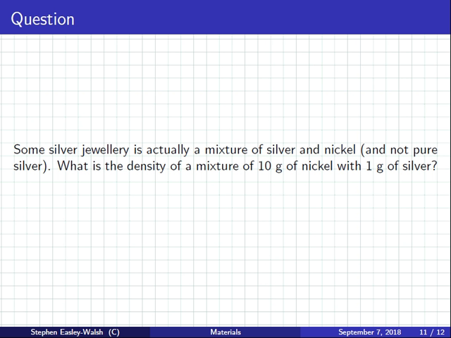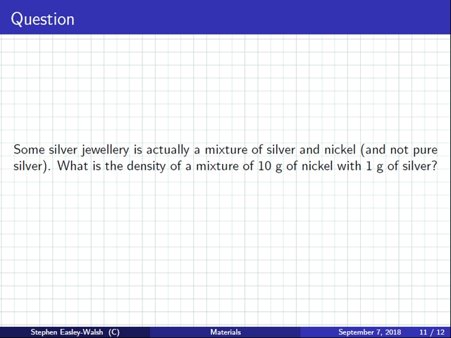What's wrong? Power. Oh, that means 10 to the power minus 8. You got an answer, Ben? No. That doesn't look like the right answer.